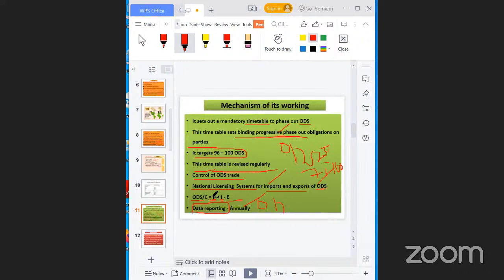That is ODS consumption C equals P plus I minus E. This is the particular formula. It means a nation can produce its own ODS, and it can import, minus the exported amount, which is the total ODS consumption of a particular nation. That needs to be reported annually.